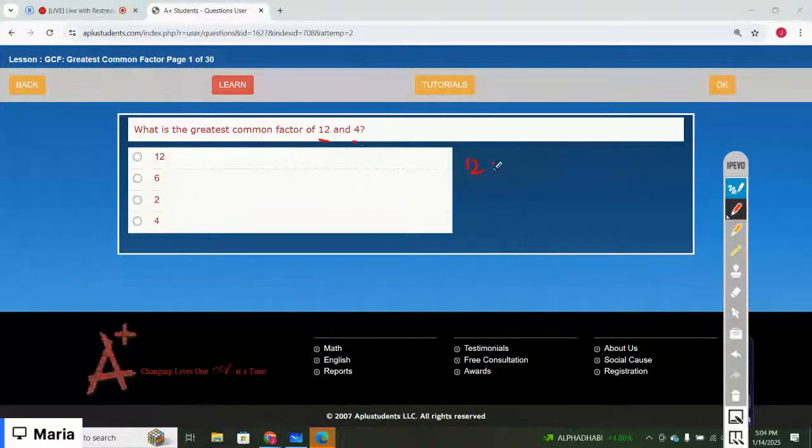The prime factors of 12 are 2 times 2 is 4, and 4 times 3 is 12. And the prime factors of 4 are 2 times 2.